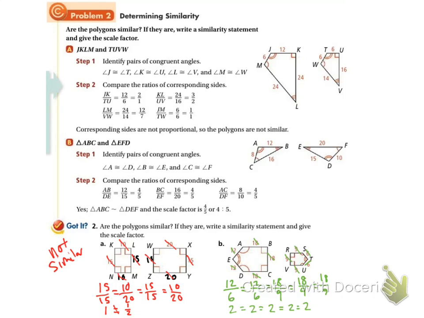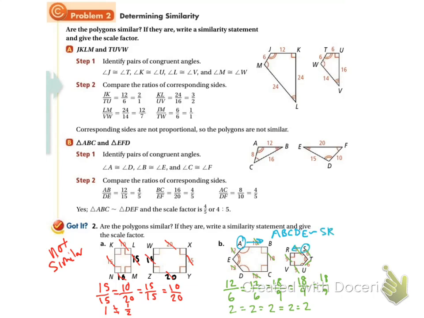So I can write a similarity statement for this. So let's start here and go around. Here I'm going to use a different color so we don't have so much green going. A, and then I'm going to go this direction. So A, B, C, D, E is similar to, and then I need to start at S and go this way.